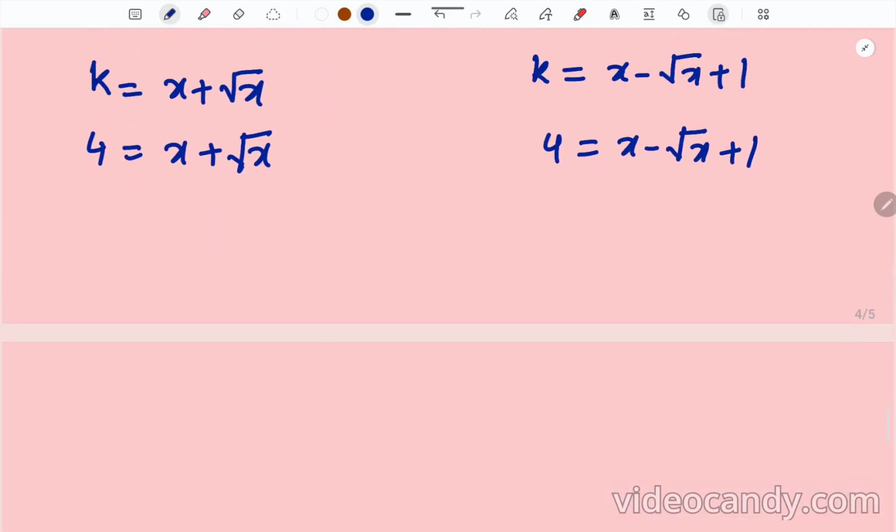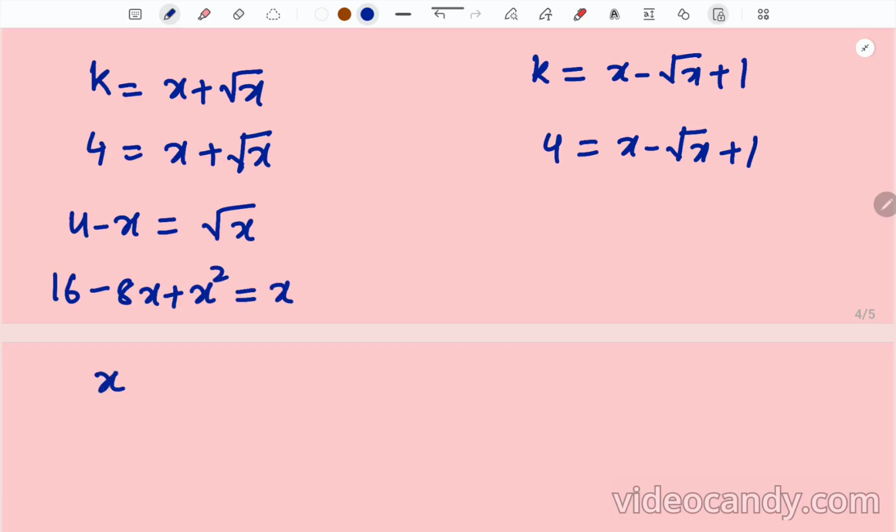For that, let us transpose x outside. You will get 4 minus x equals root x, and do squaring on both sides. 16 minus 8x plus x square equals x. If you simplify this one, you will get x square minus 9x plus 16 equals 0.